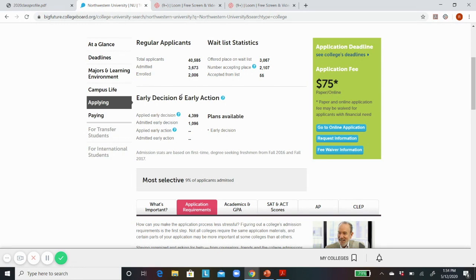In addition, this specific school, it's self-reported, so not every school may have this, and you might need to ask admissions for this, but this school reported early decision. This is how many applications that they received, and this is how many were admitted. You can compare those numbers to the general acceptance rate and see if early decision, if you're in the position to do so, gives you an academic or application advantage.